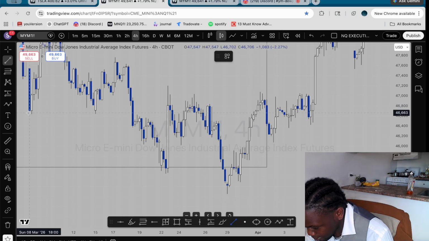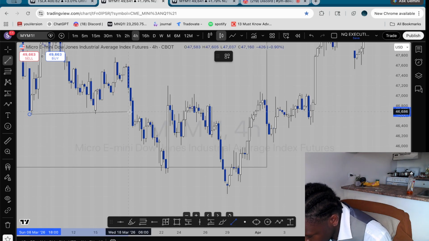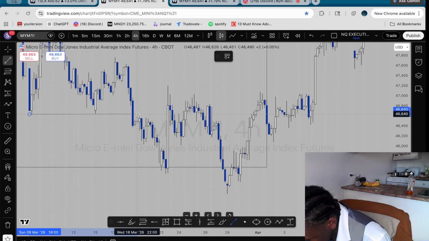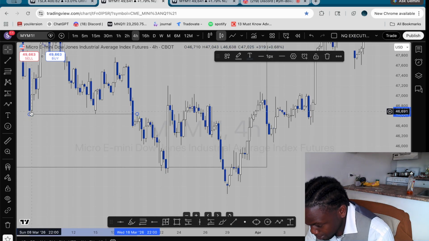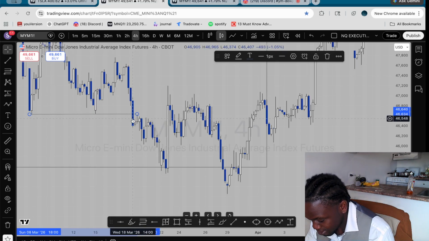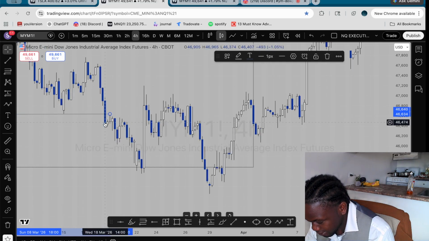Now this low gets broken. This new lowest low right here, this low gets broken when price trades through it right here. After price traded through it right here, it created a new break of structure. Okay, what do you notice?